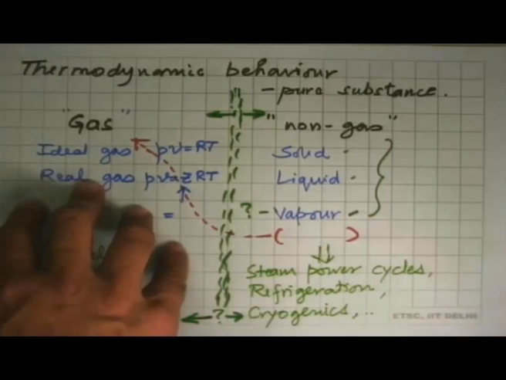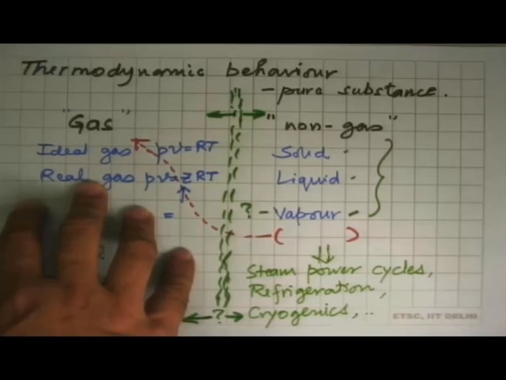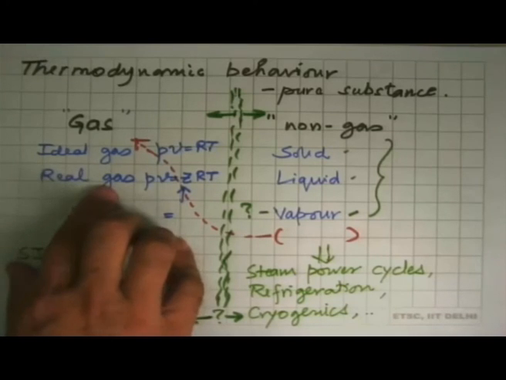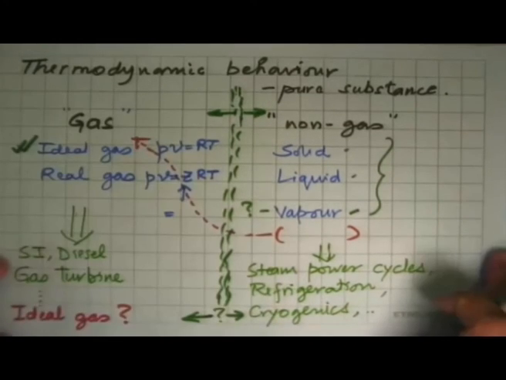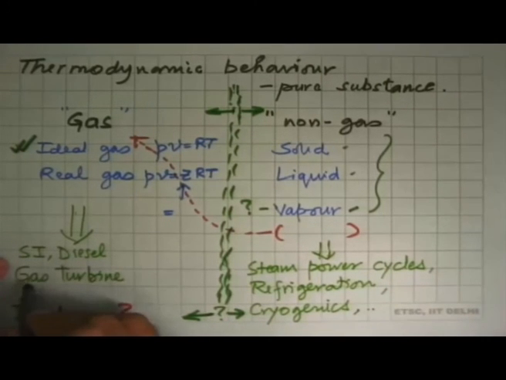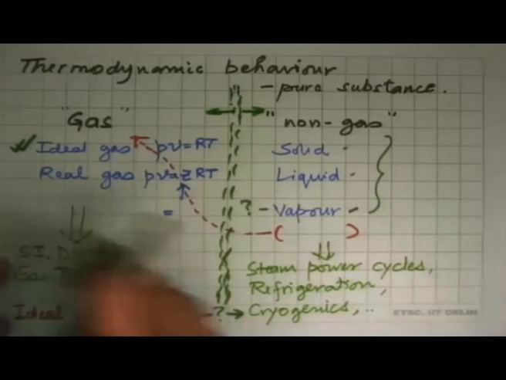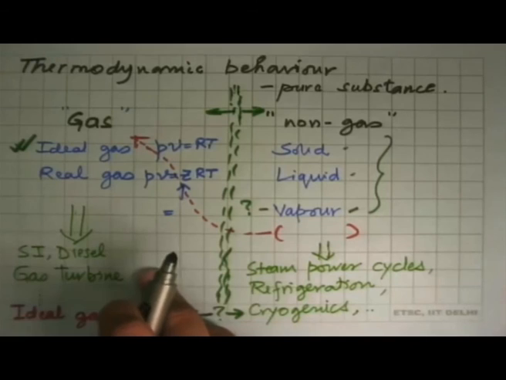A gas-based device means that the substance all throughout the cycle or the process is always a gas or an ideal gas. In this course, we will assume it to be an ideal gas. We won't worry about real gas. So we will stick with this. And examples are the spark ignition engine, the diesel engine, the gas turbines, aircraft engines, and quite a few other processes that we will say that this is an ideal gas.